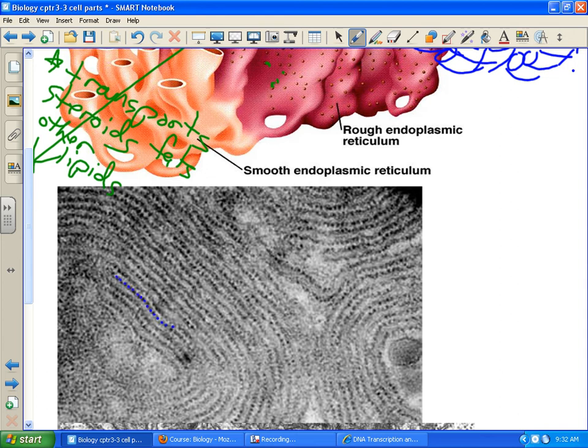Okay, so what you're actually seeing is a cross section. It's almost like we've just cut the top off. We're looking down on this, and I'm seeing this maze of networked channels. And I'm seeing lots and lots of ribosomes. Rough ER. All right, let's compare that to smooth.